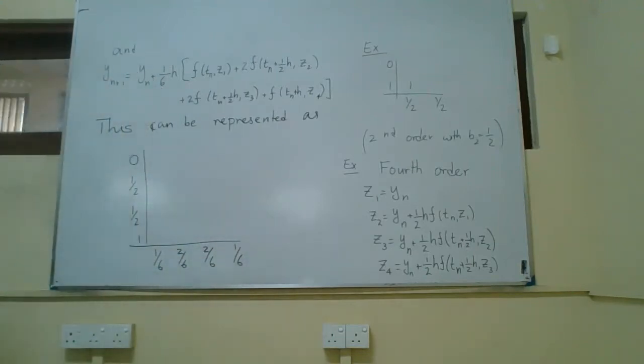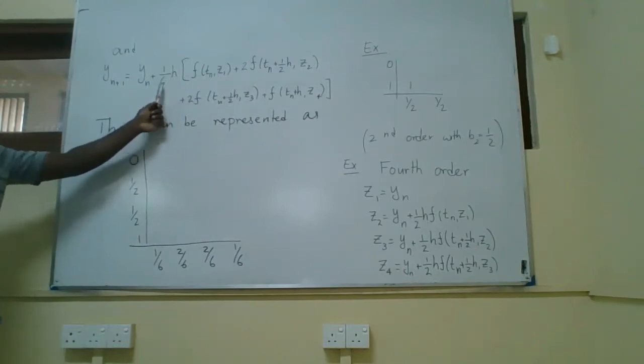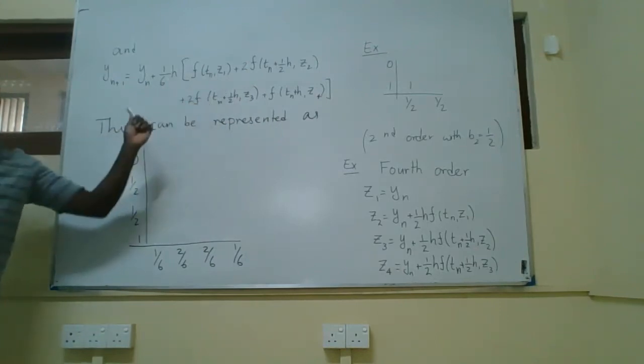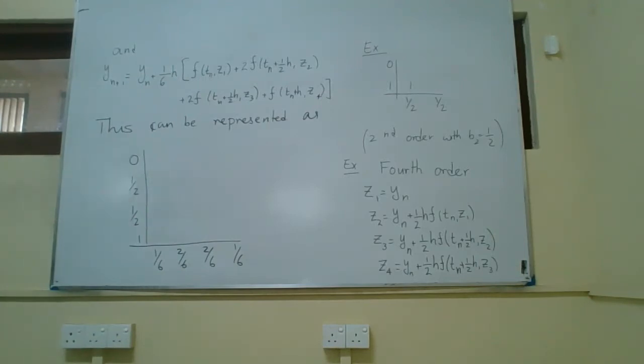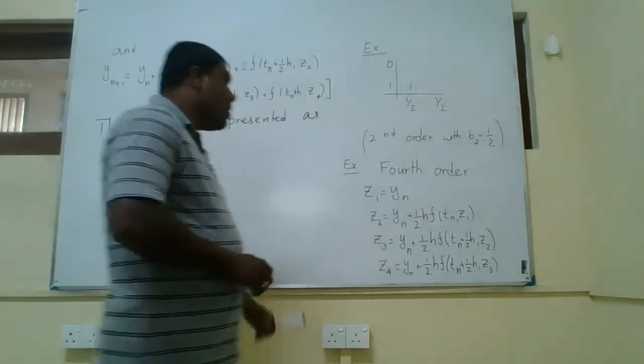So you have to make sure you have only h here. So in that sense, you have to multiply this 1/6 inside the bracket to find out what are the values you have for b1, b2, b3 and b4. And then you have the aij's, which are the values you have in here, and so on.